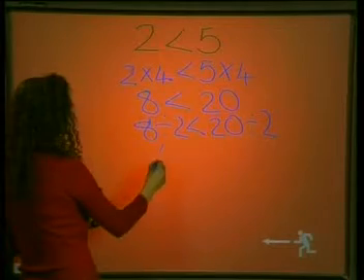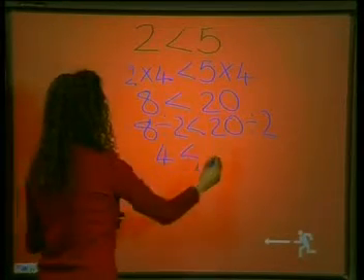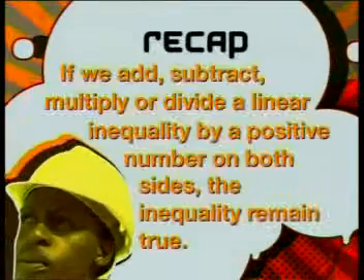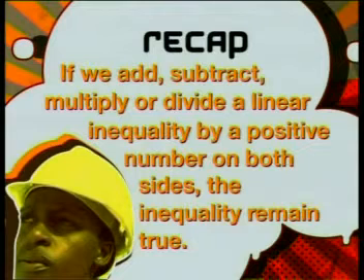And we get on this side 4 is less than 10. And yes, this inequality is still true. So to recap, what we have discovered so far: if we add, subtract, multiply, or divide a linear inequality by a positive number on both sides, the inequality remains true.